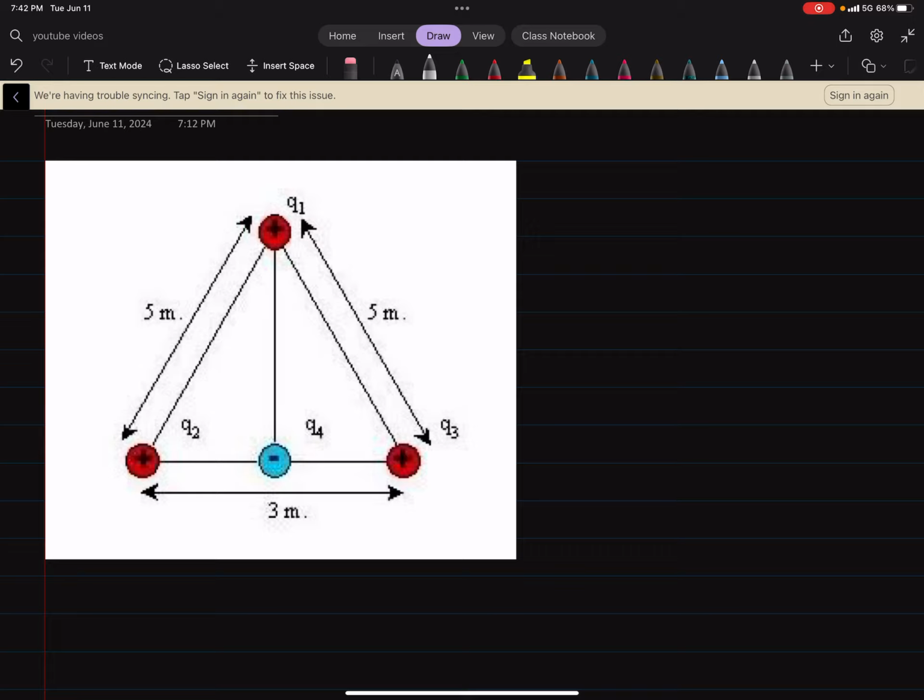But it says calculate the vector of the electric interaction strength in the void which acts on the charge Q4. And somebody asked to elaborate on that, and basically he says it means that the charges are not necessarily structured like this. They could be moved around.